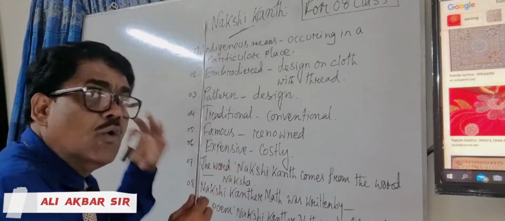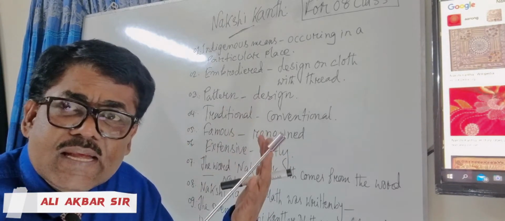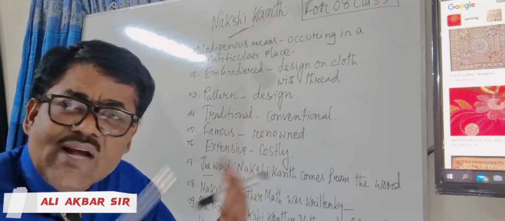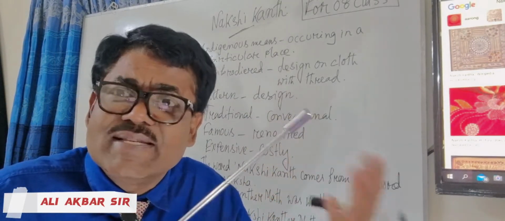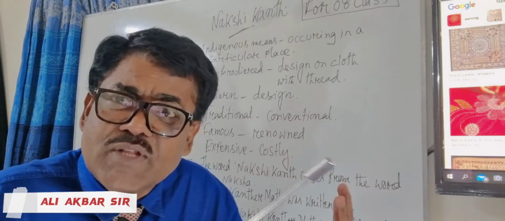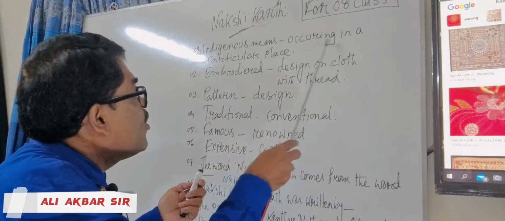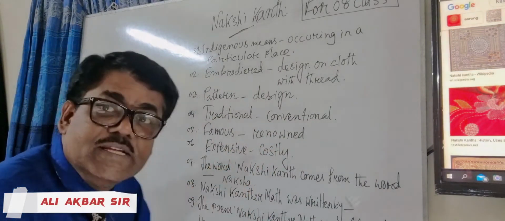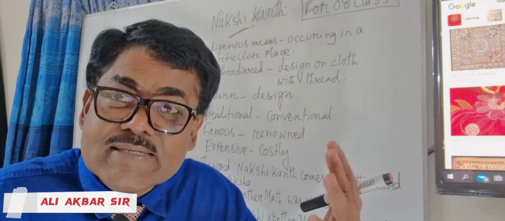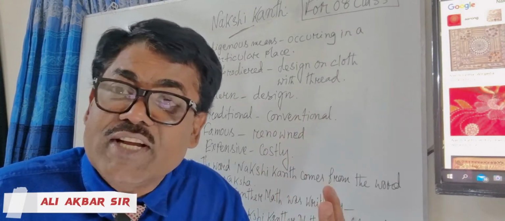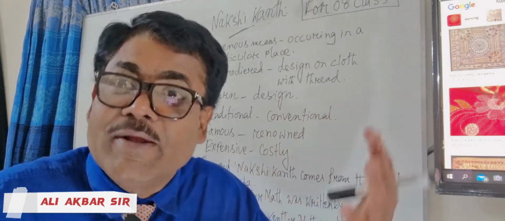Indigenous means, what is indigenous? Indigenous means occurring in a particular place. I mean, the main indigenous place of Nakshi kantha is in Bangladesh and also in West Bengal, in India.